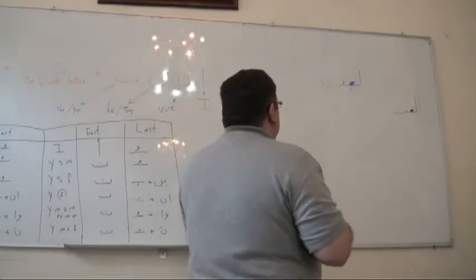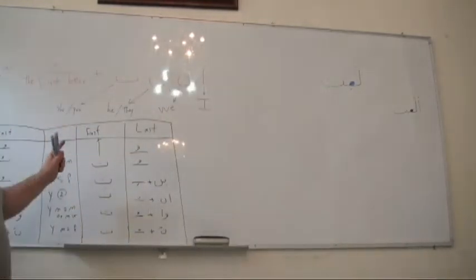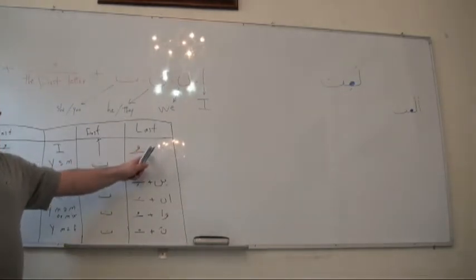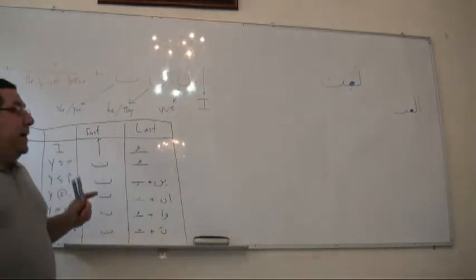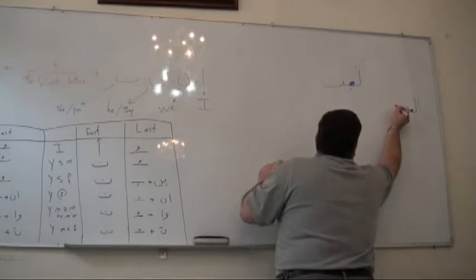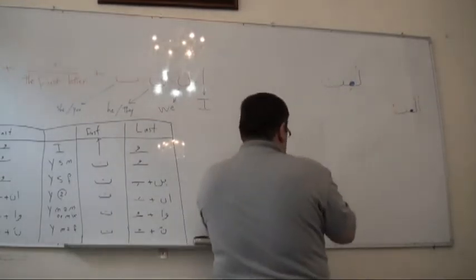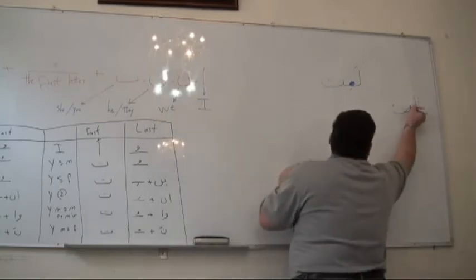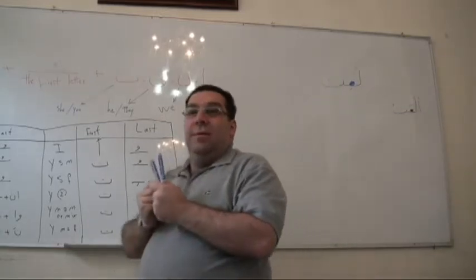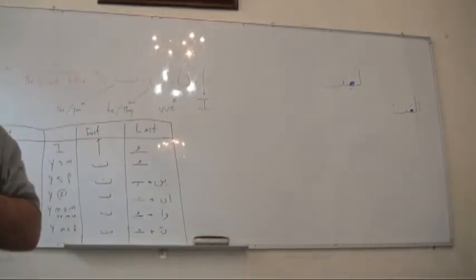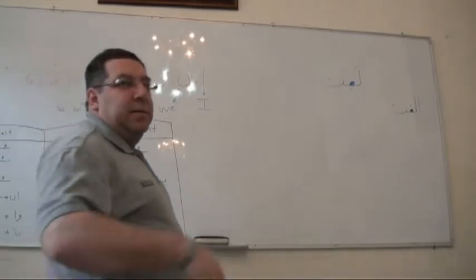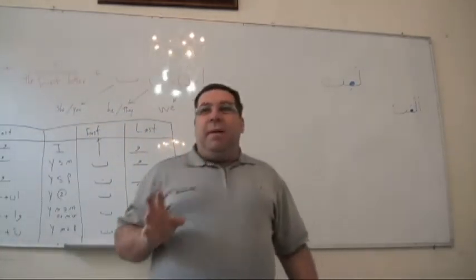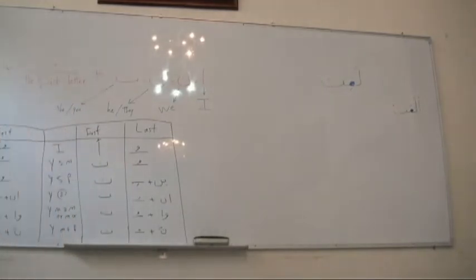Then, what is the second change I have to do over the last? Dhamma. I need to add here dhamma. And then one extra, and don't ask me why, this becomes fatha, because sometimes it becomes fatha, sometimes kasra, sometimes dhamma. Only Allah knows why. Just take it as it is.